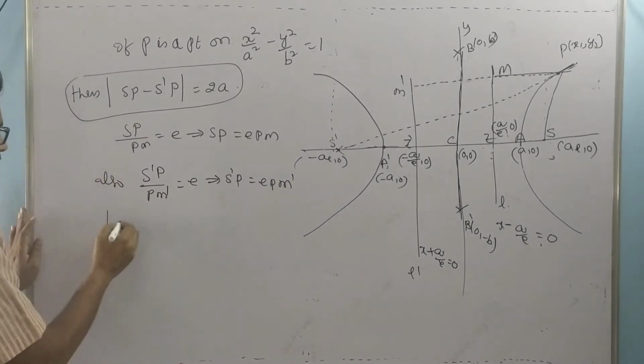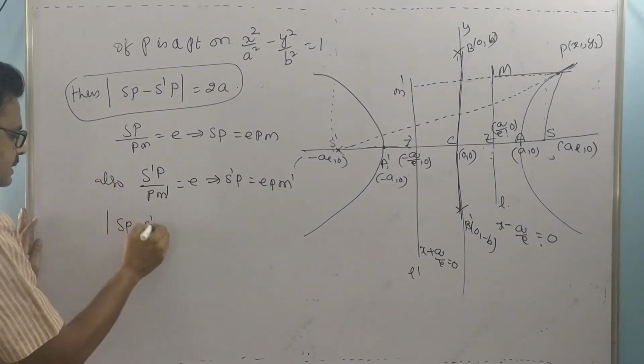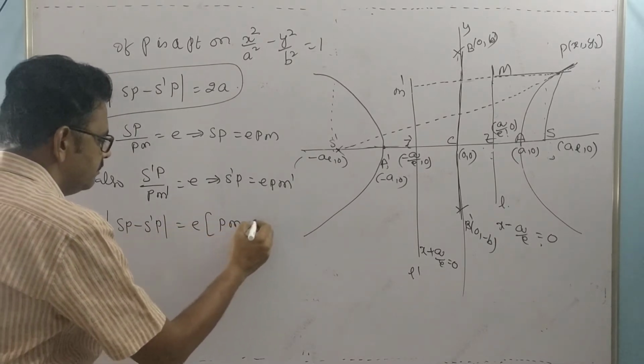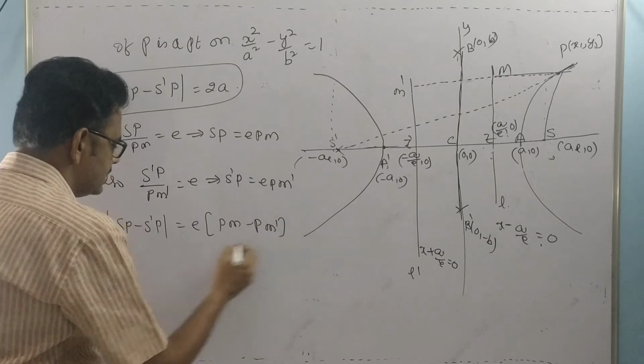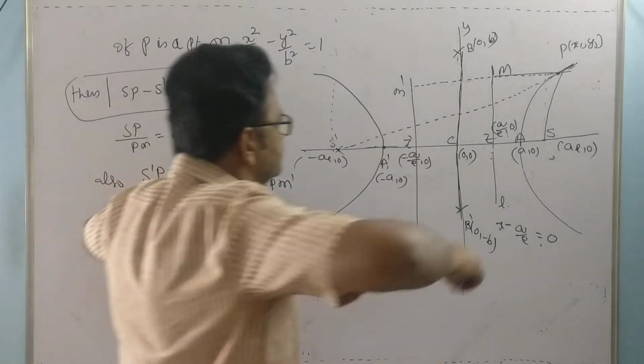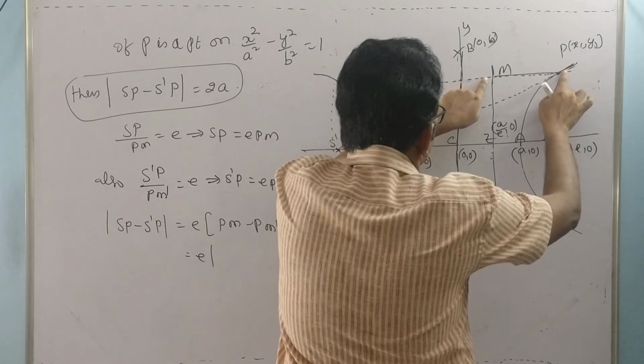Now mod of SP minus S dash P is equal to e into PM minus PM dash.